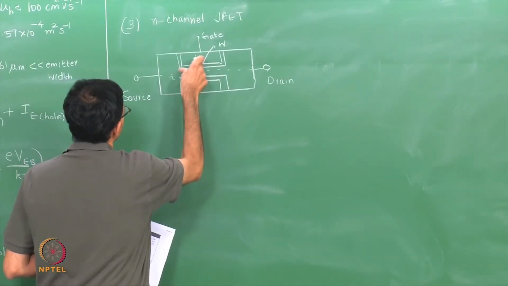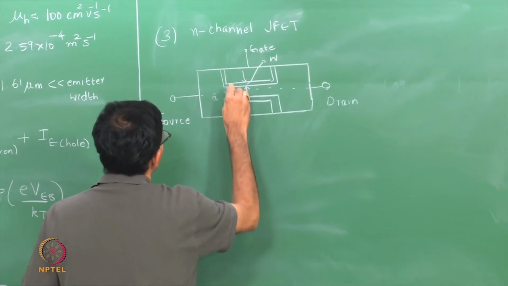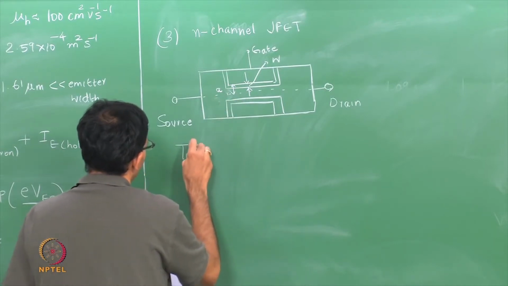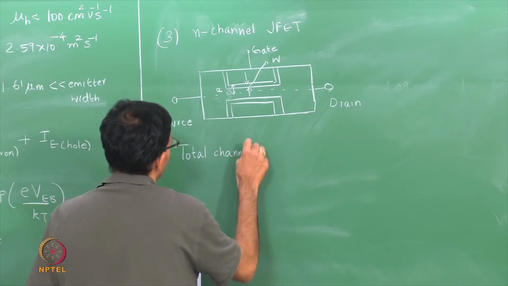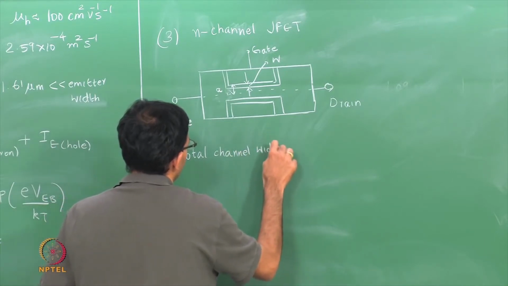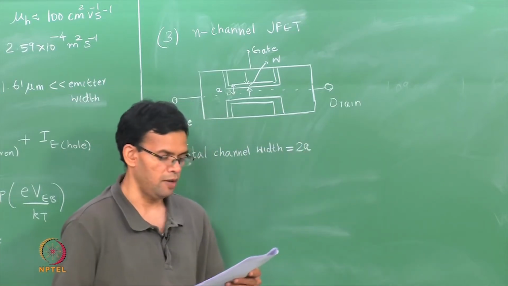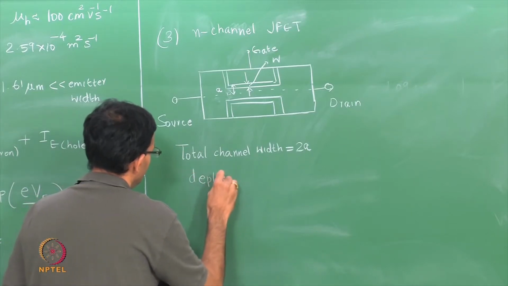So, let me just redraw this. So, the channel width goes from here to here and that is A. So, the total channel width is 2A. So, half the channel width is A and the depletion width is W.